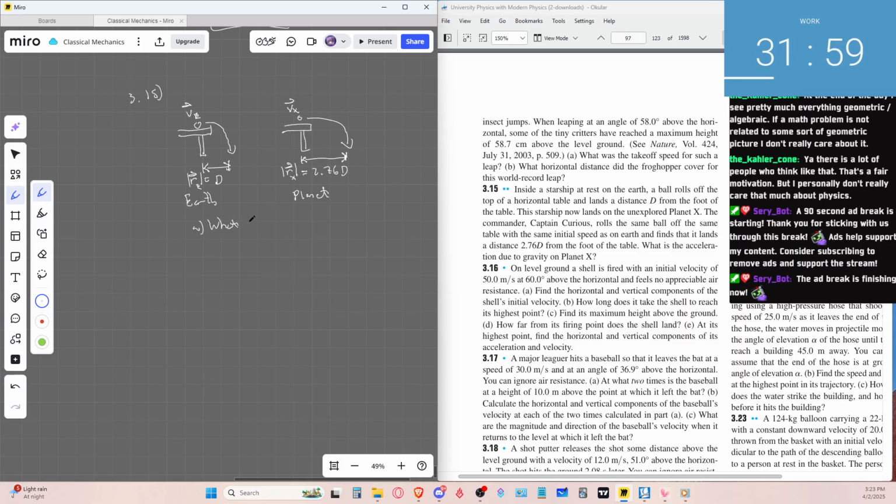So what is the acceleration due to gravity on planet X?